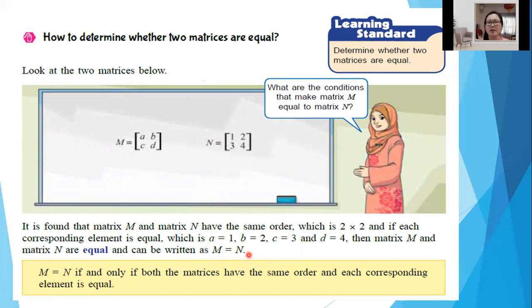To make sure two matrices are equal, first, they must have the same order. Same order means they have the same number of rows and same number of columns. And they must have the same corresponding elements.